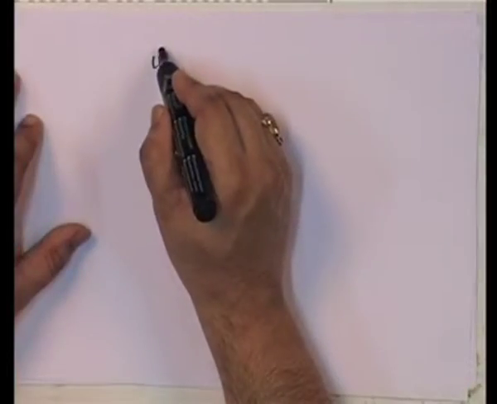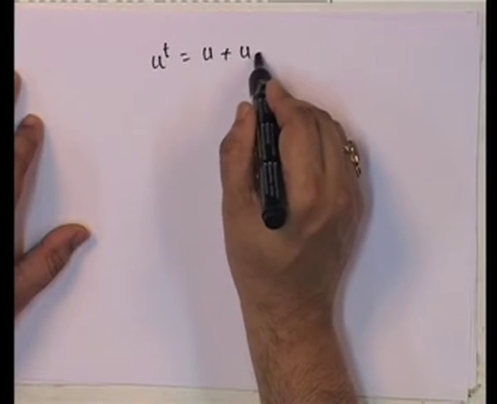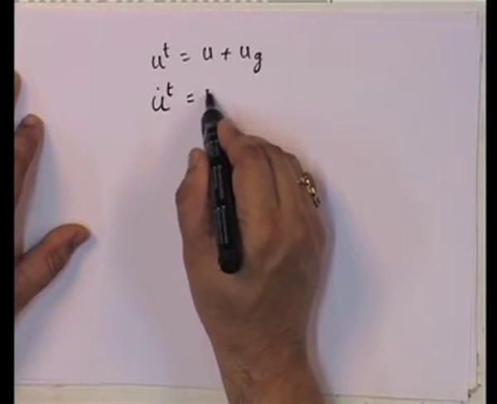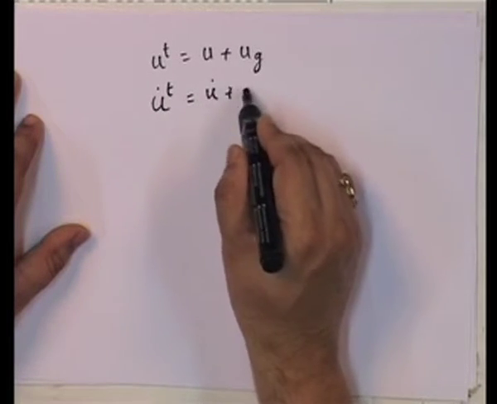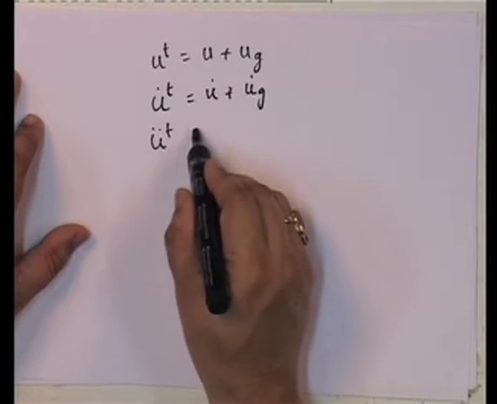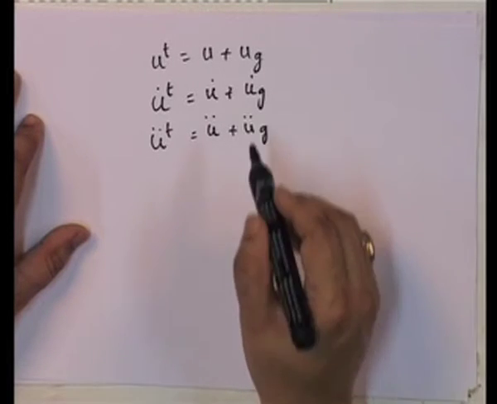So, here u total is equal to u plus u g, u dot total is equal to u dot plus u dot g, and u double dot total is equal to u double dot plus u double dot g.